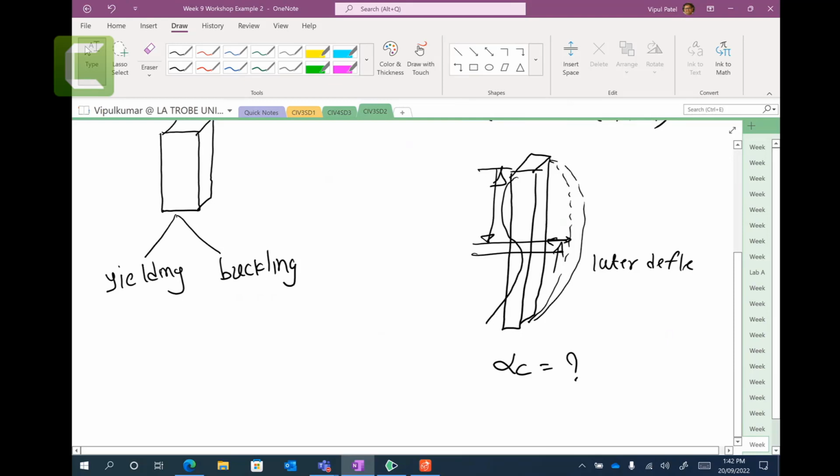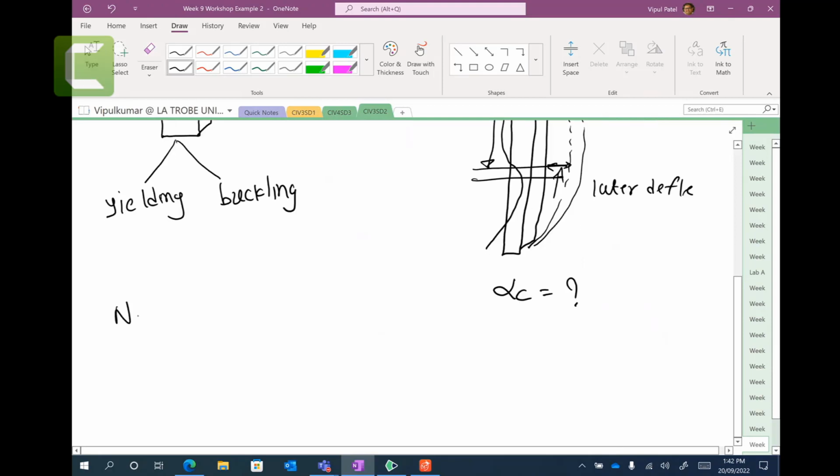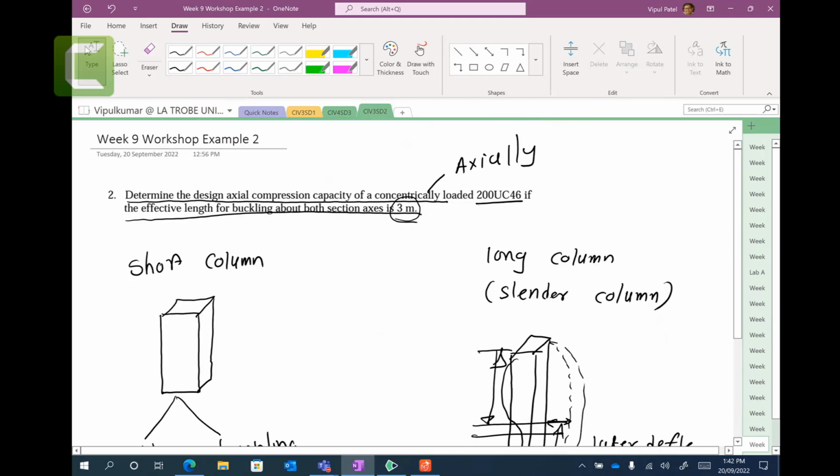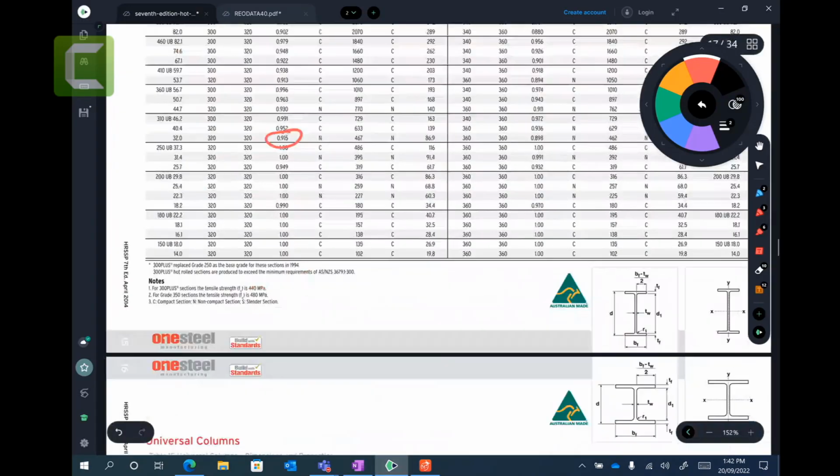Now, what we're going to do is calculate both. First, we will do what we did for NS, kf, An, and I will not confirm with you because you know now. I will just take the form factor straight away. 200 UC 46, universal column.